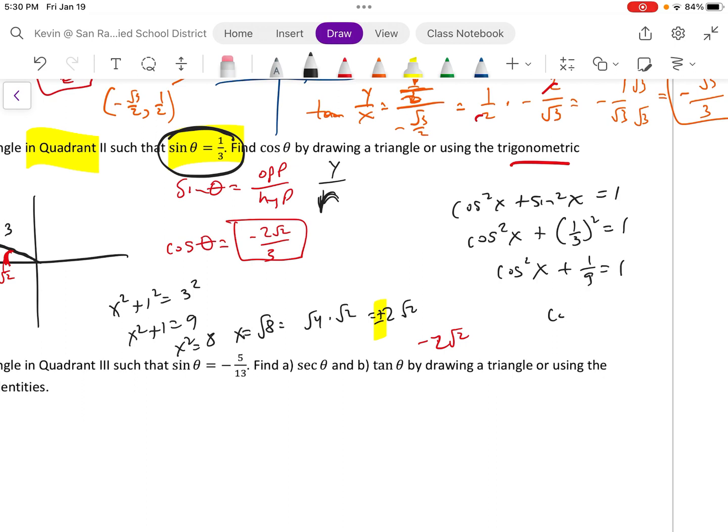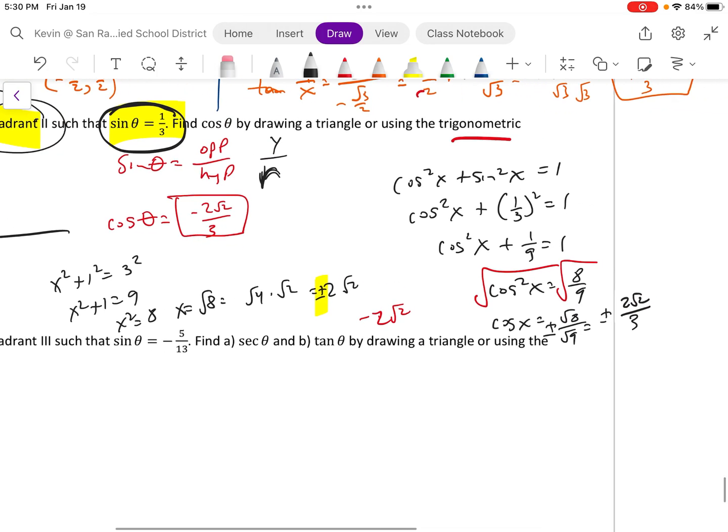Plus 1 over 9 equals 1, so cosine squared x equals 8/9. I'm going to take the square root of both sides. Cosine x equals square root of 8 over the square root of 9, plus or minus. Square root of 8 is 2 root 2 over 3.